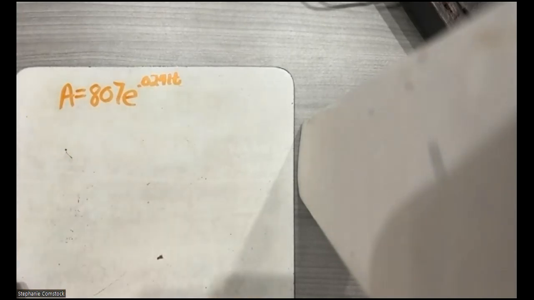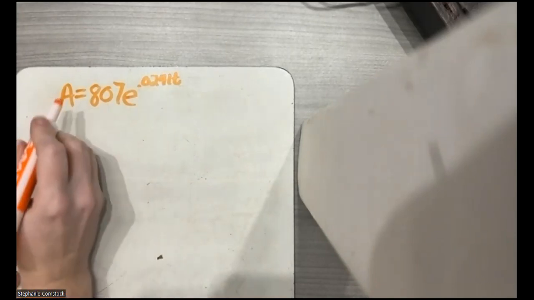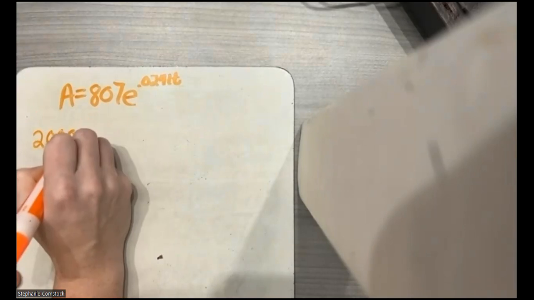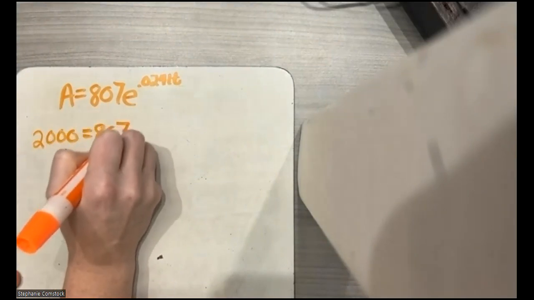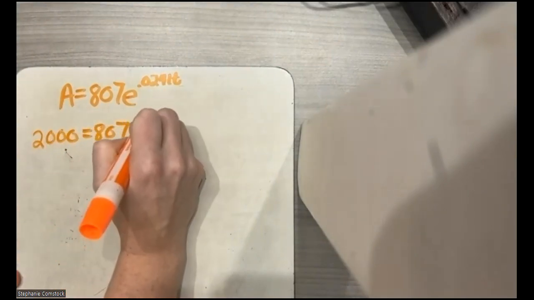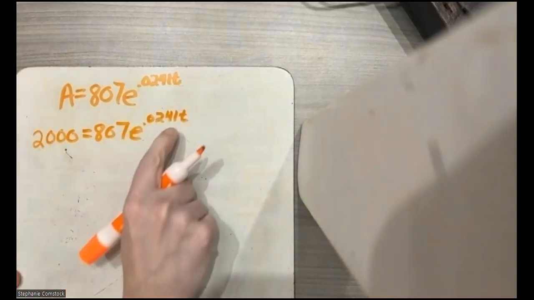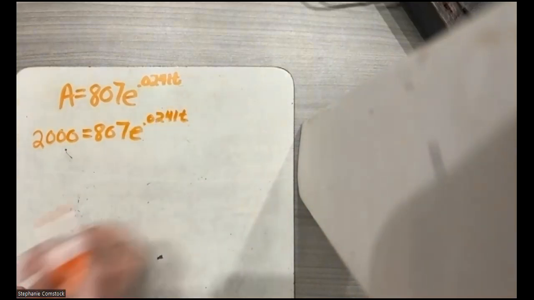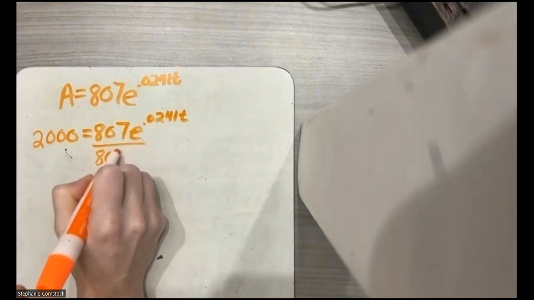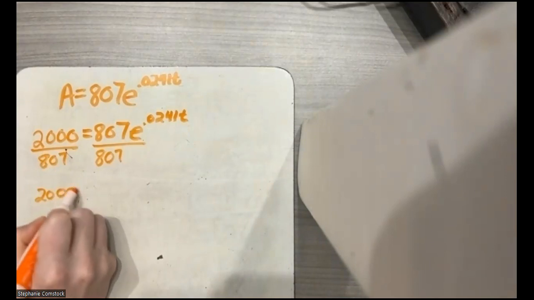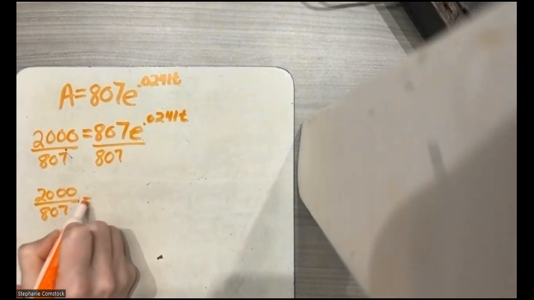But they want us to find out in what year we'll hit 2,000 million. So these steps are going to feel very, very similar to the ones that we had when we were solving the first time. Because again, what we're needing is locked up here in our exponent. So we're going to start by doing our divide by 807. So I've got 2,000 divided by 807.